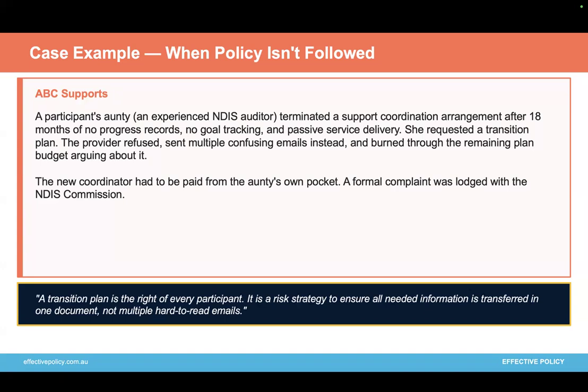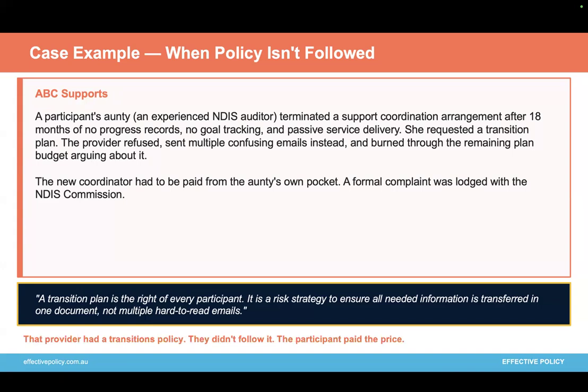A transition plan is the right of every participant. It's a risk strategy to ensure that even if it's just support coordination, the next support coordinator knows about what's happened with the last one. Do you know what? It's not fair not to do that, because it takes a support coordinator about 2 to 5 hours to wrap their head around anyone, and that's 5 hours gone out of someone's plan. It's just not difficult.